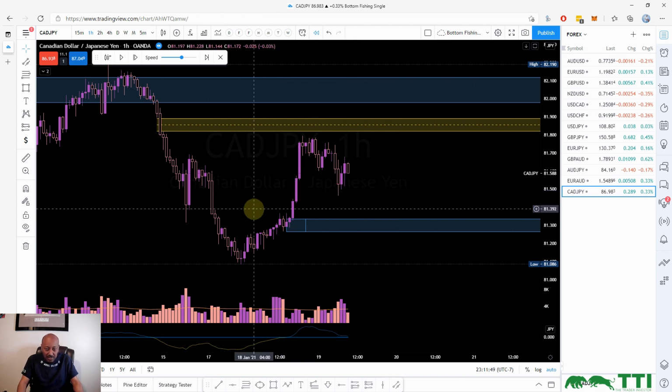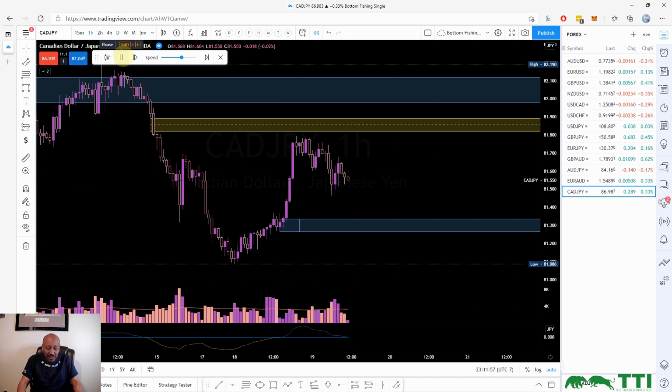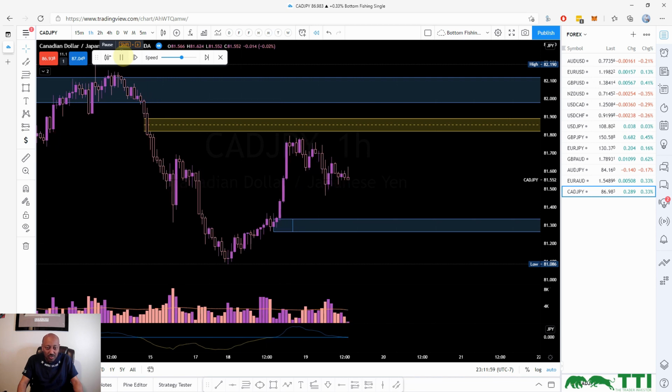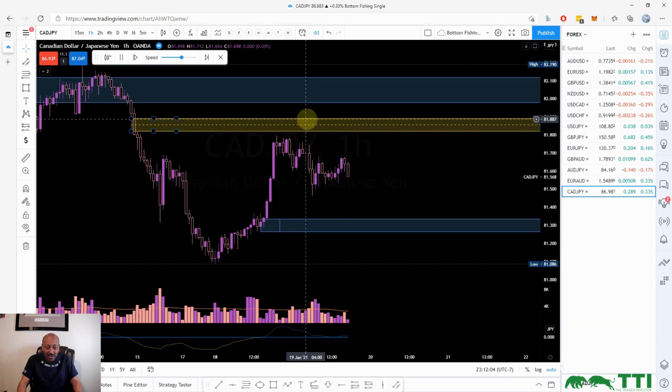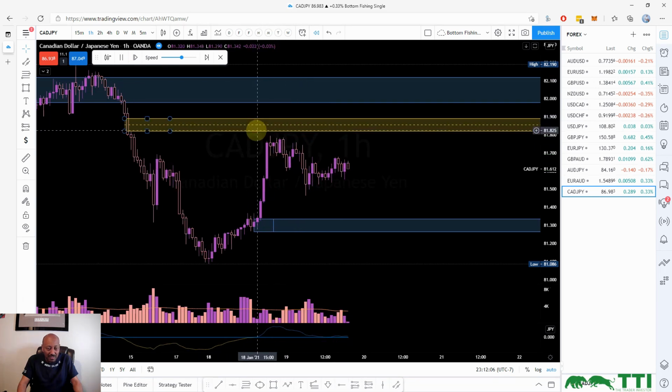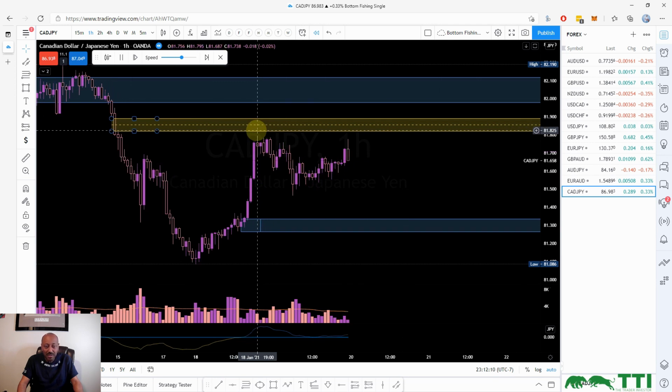And again, the purpose is just to show you how imbalances work and how easy it is to identify these imbalances. And as you're trading shorter term, these are imbalances that you can take advantage of for your exits and maybe for very short-term scalping purposes.